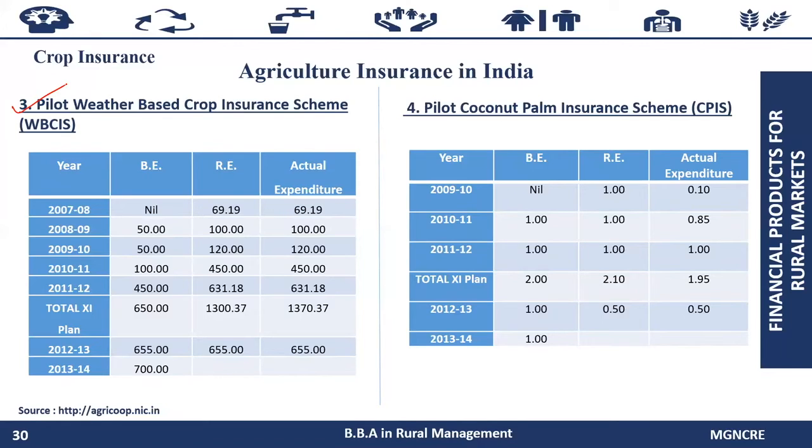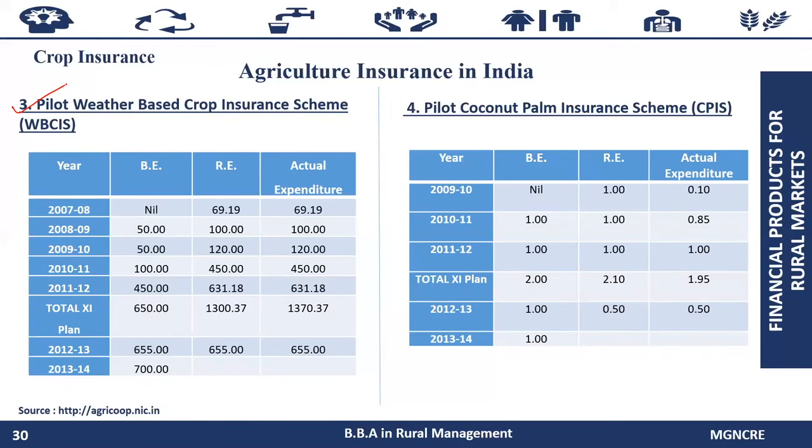Examples of private insurance companies are ICICI Lombard, IFFCO Tokio, HDFC Ergo, and Cholamandalam MS Limited. These are the private companies which provide insurance to farmers.